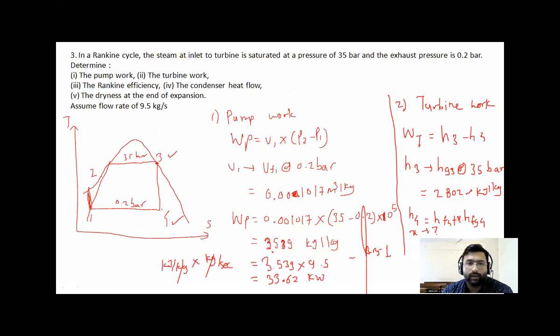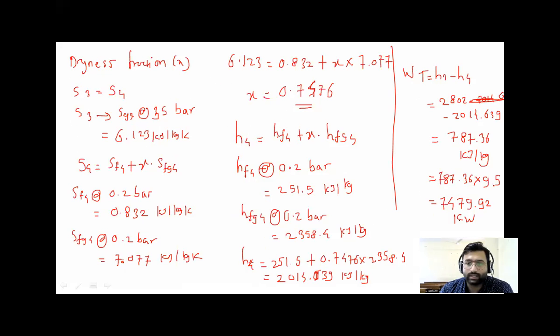Okay. Next, they have told you to calculate the Rankine efficiency. The Rankine efficiency, that is eta thermal, equals W net divided by Q in. W net is how much? Turbine work minus pump work.